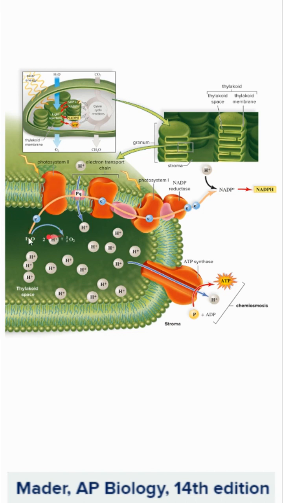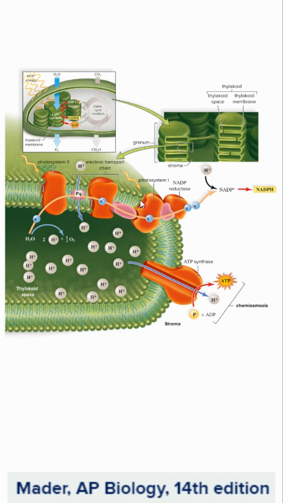Water breaks down, and electrons from the water go to the chlorophyll. Energy from the sunlight energizes the electrons. Electrons power pumps where protons will get pumped inside the thylakoid space.